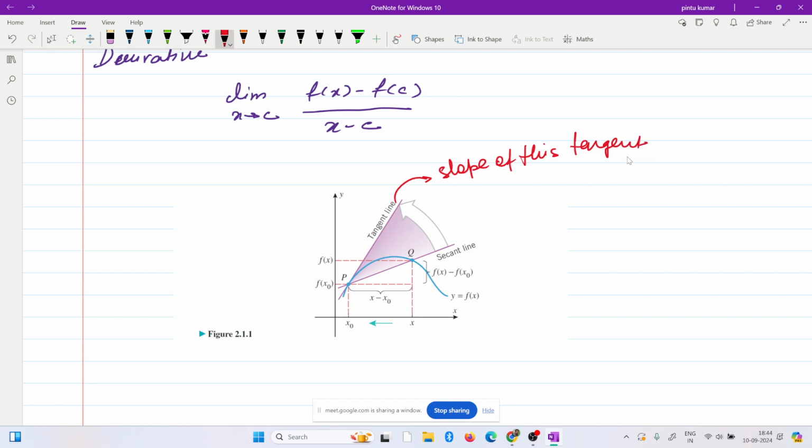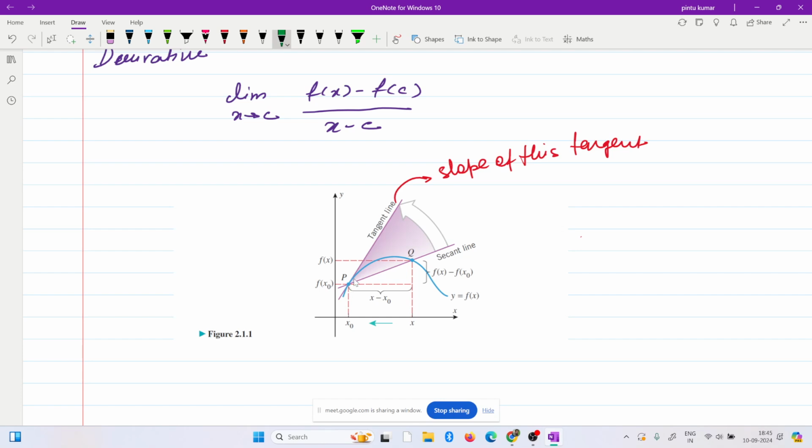How your function is inclined, whether it is increasing at that point, decreasing at that point, how fast it is increasing, all those kinds of things can be obtained from the slope of the tangent. So if your function is growing very fast, your slope would be very steep. If your function is slowly growing, your slope would be flatter. So to do these kinds of things, we define derivative. It is nothing but the slope of the tangent.